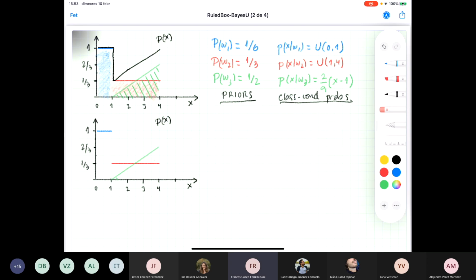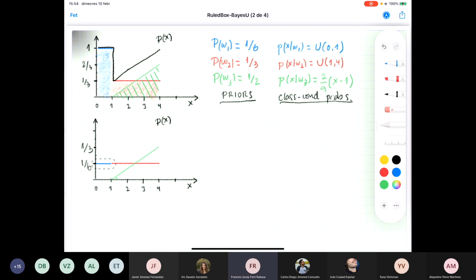Instead of moving this, because we are going to have a very narrow figure, let me instead change the scale. And now it's okay.